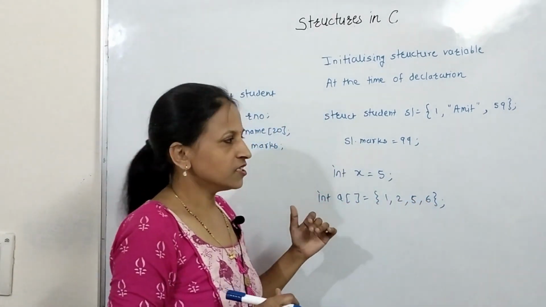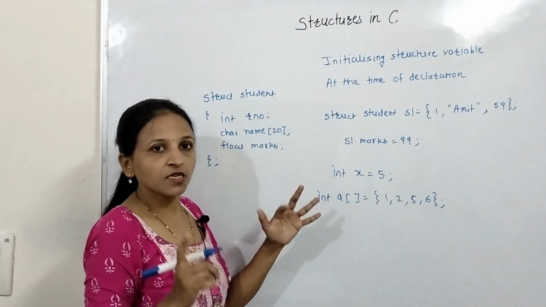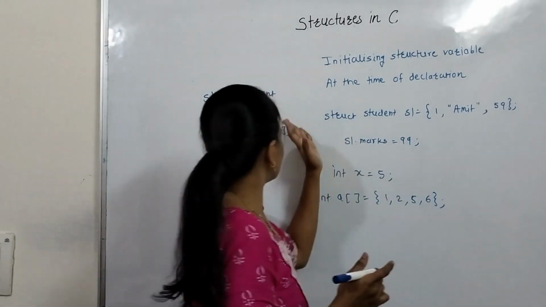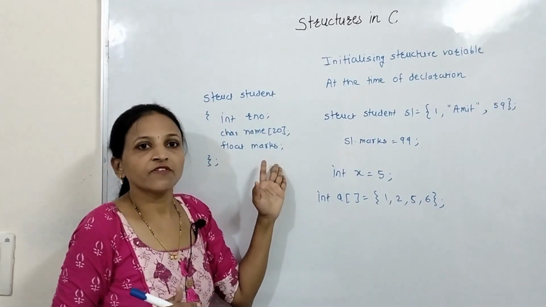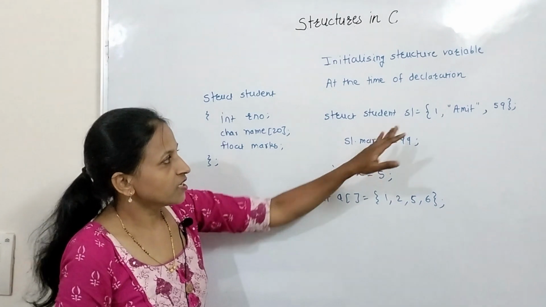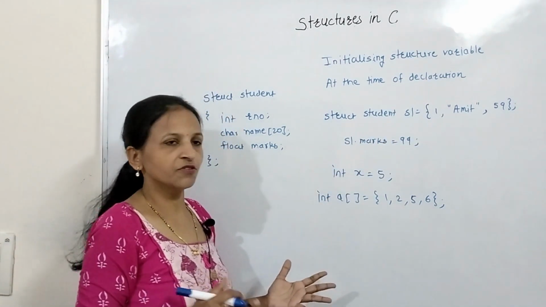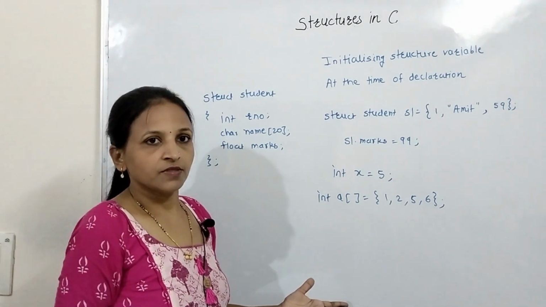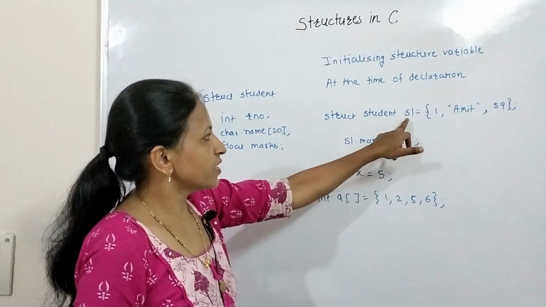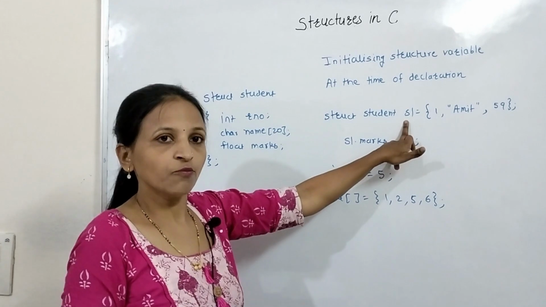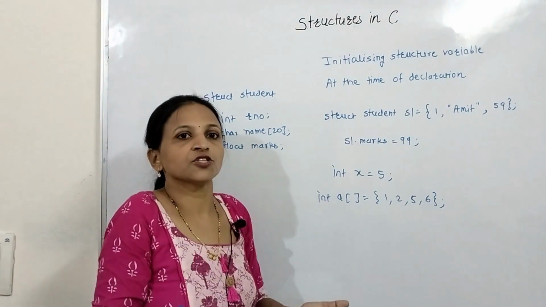Getting? In this way you can do, but initially it is compulsory that you have to give all those three data members values. Getting? For that particular variable. For next variable you can give other different values. Like that. Okay. And suppose we have already created this S1 variable and same values I want to give to any other structure variable.